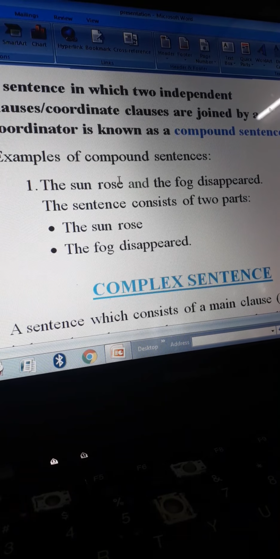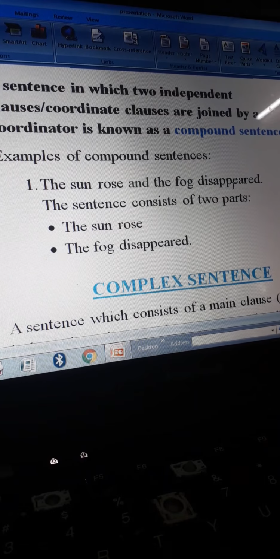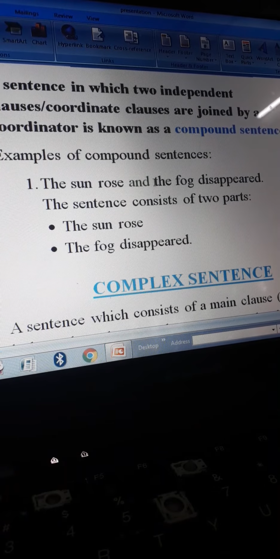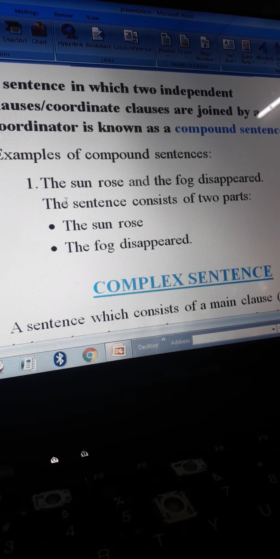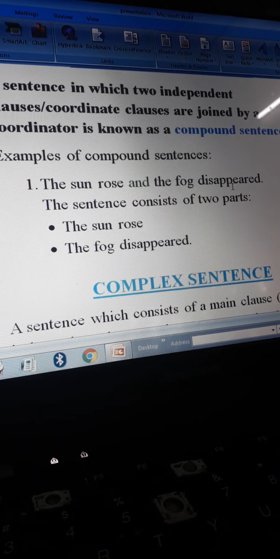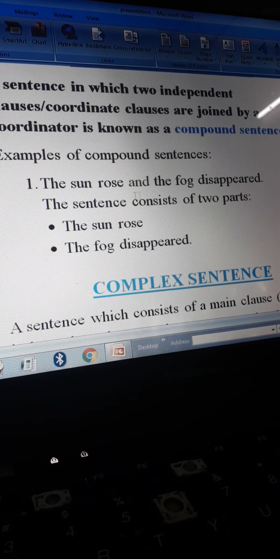The sun rose, the fog disappeared. These two parts of the sentence are joined by "and", which is a conjunction, and these two parts are independent enough to stand on their own.